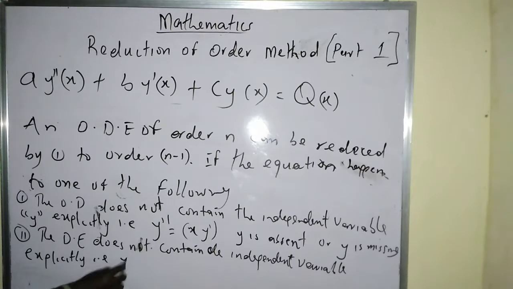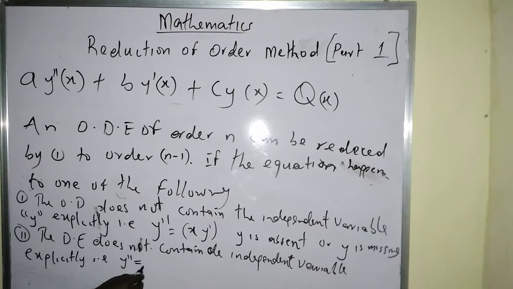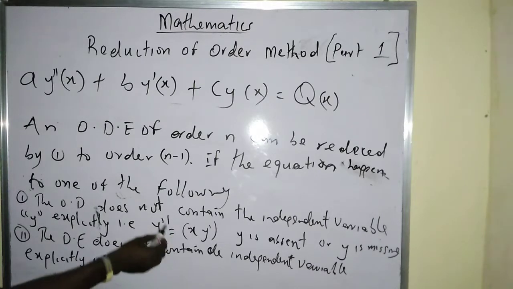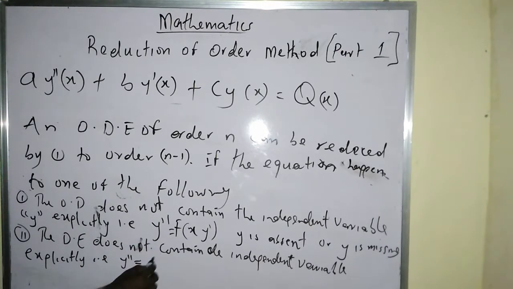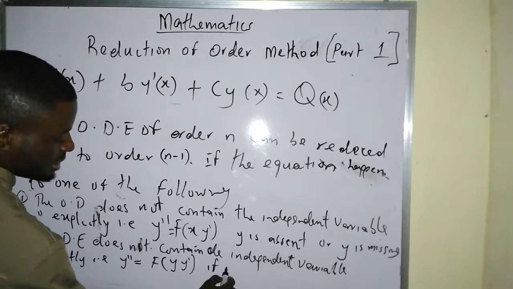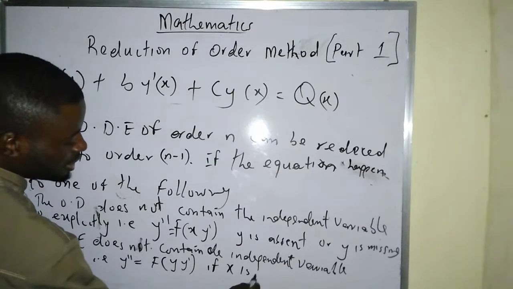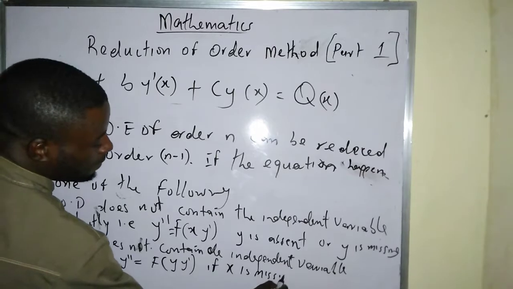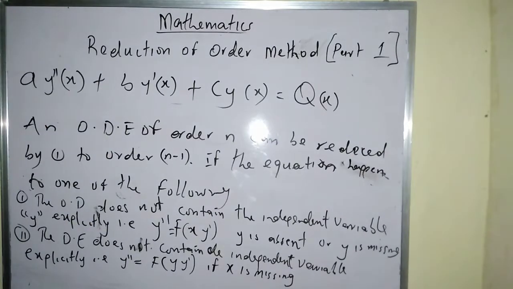That is to say, y double prime is equal to f of y prime. This one is if x is missing.